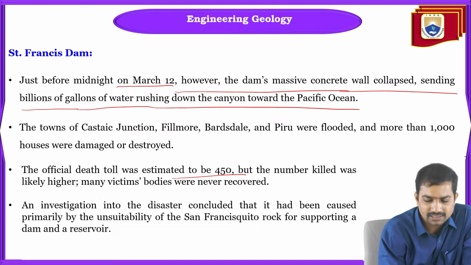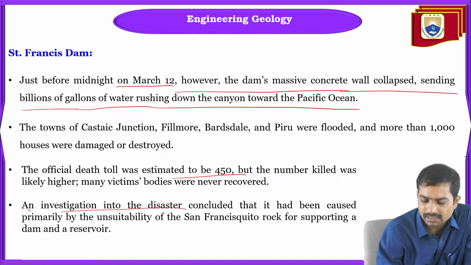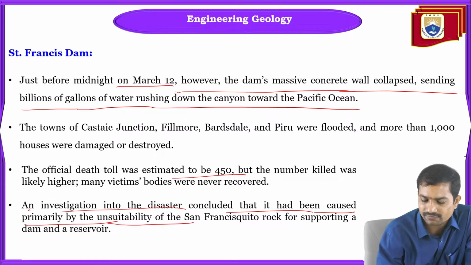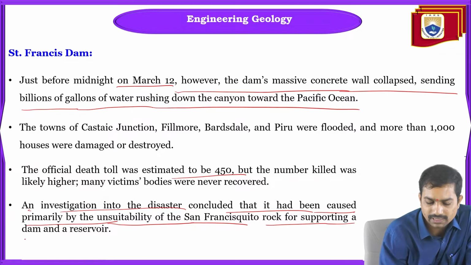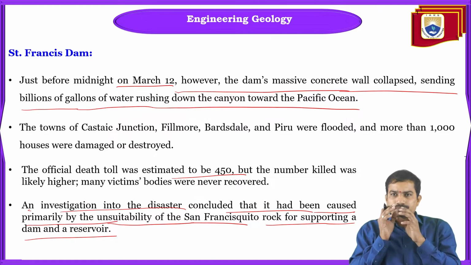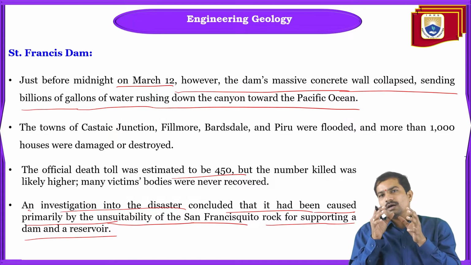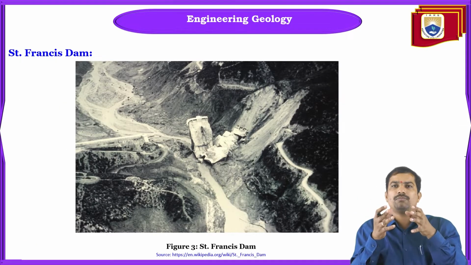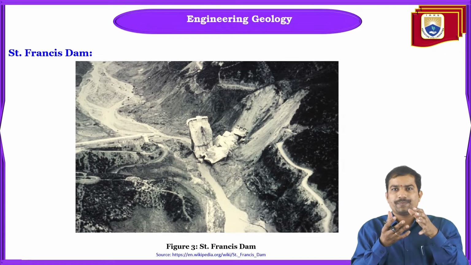An investigation into the disaster concluded that it was caused primarily by the unsuitability of the San Francisco rock for supporting a dam and a reservoir. The rock supporting the dam and reservoir was not adequate for stability.